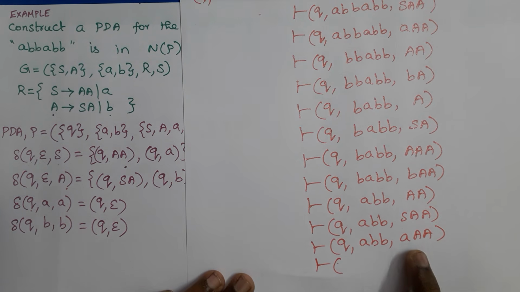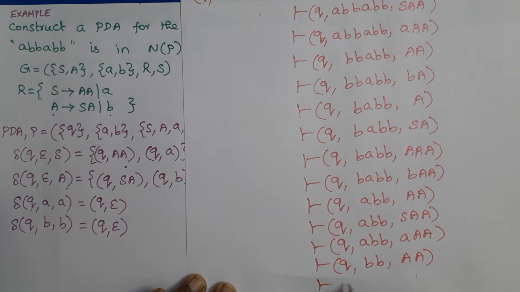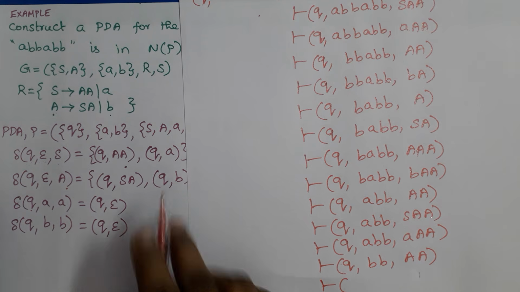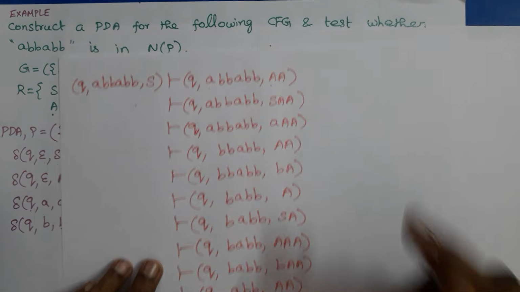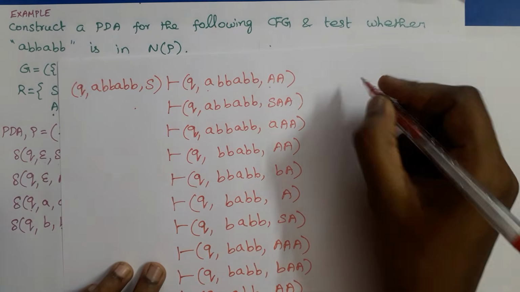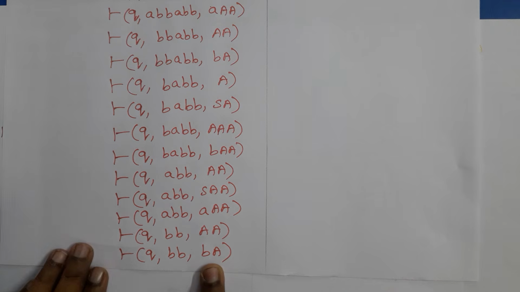Then Q, A, A. So by following this rule, we can remove A from the input string, and A can be popped from the stack. So now Q, epsilon, A. So A can be replaced by B. Then in the next step, Q, B, B is coming.